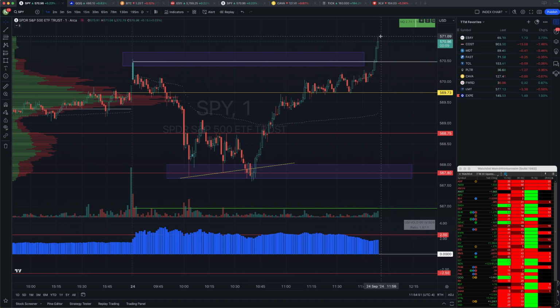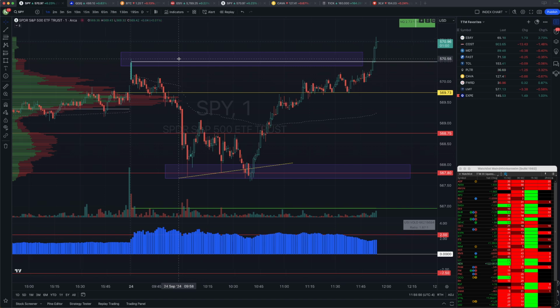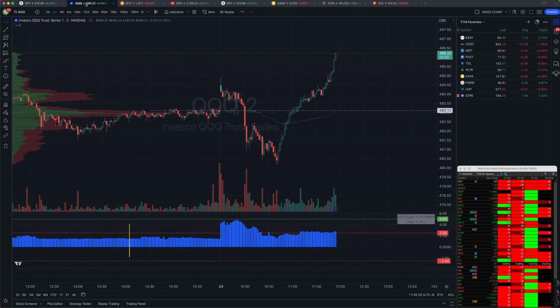Oh, look at that great move in the SPY, SPX. We've now broken our hourly range high, and what sort of gave that confidence that we were going to start to buy up was that VOLD ratio staying up above, and the Qs is even higher, staying up above that 2.5.